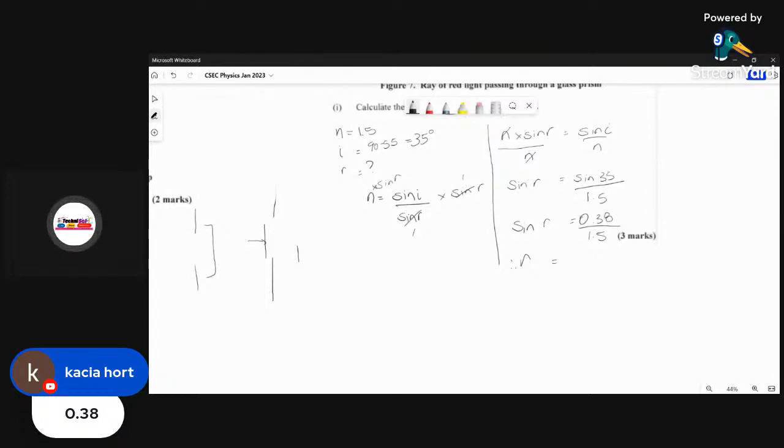Okay, divided by 1.5, not sine 1.5. So this is what we should have on this side. Based on the equation up here, it's sine of 35. We didn't do sine of 1.5.